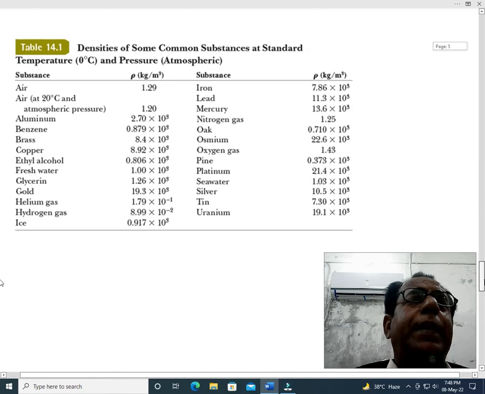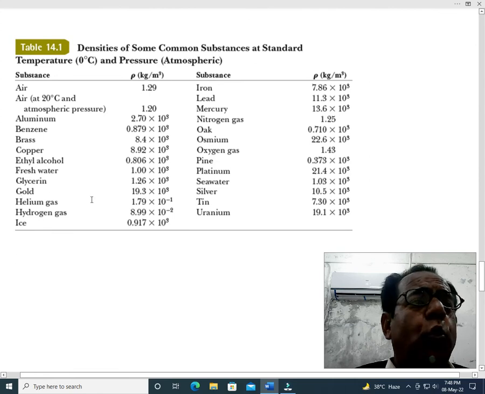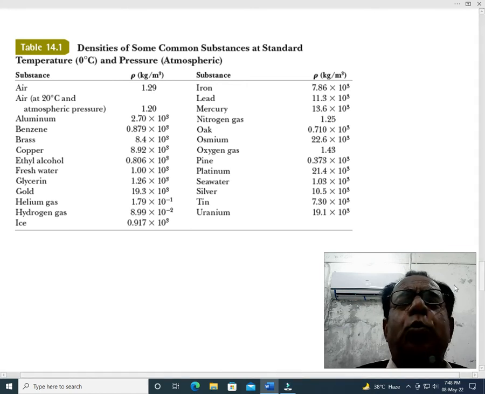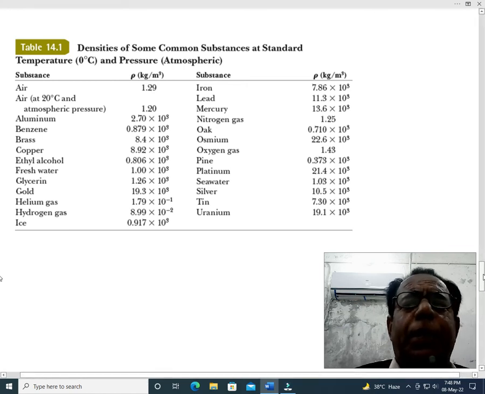Density of gold is 19.3 into 10 raised to the power 3 kilogram per meter cube. This density has been used so often in our problems of fluid mechanics that it should be remembered by us. We should not consult the table every time.